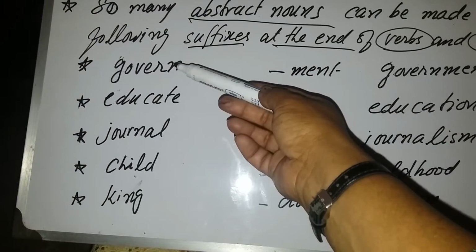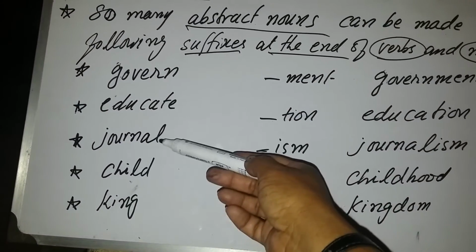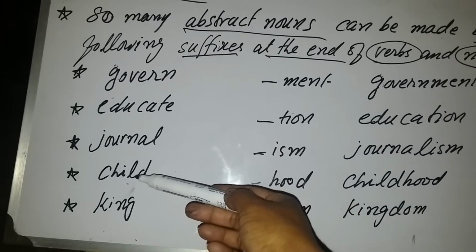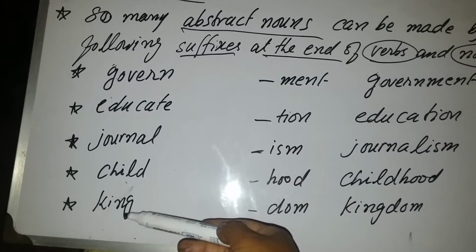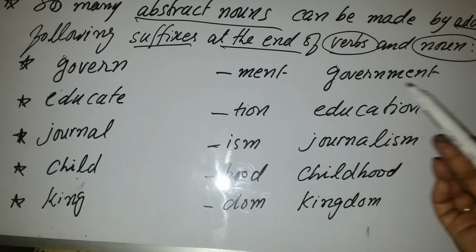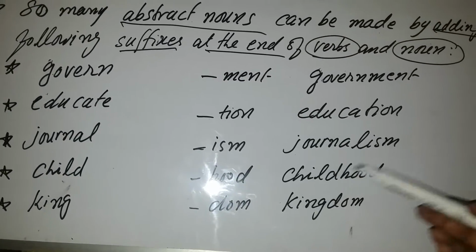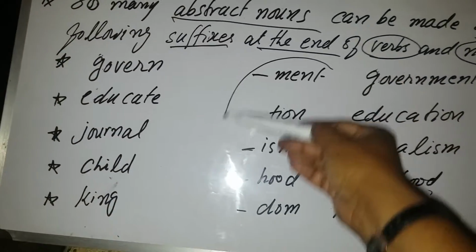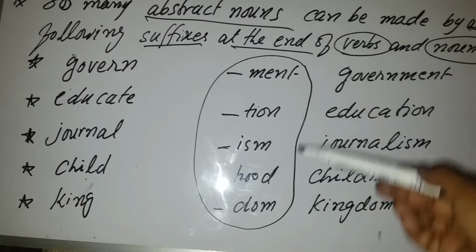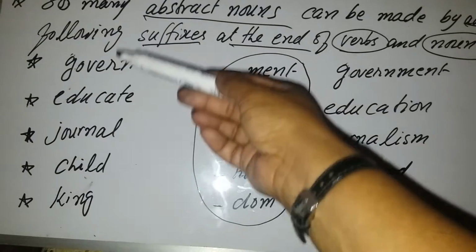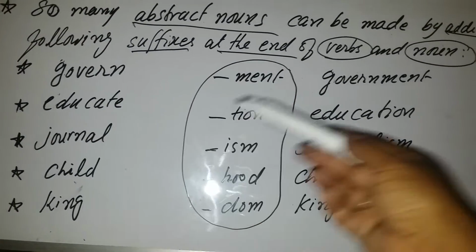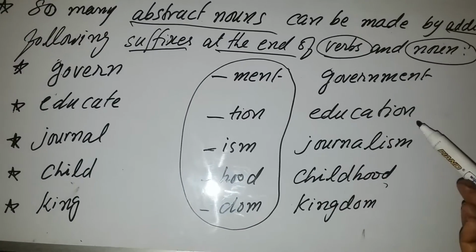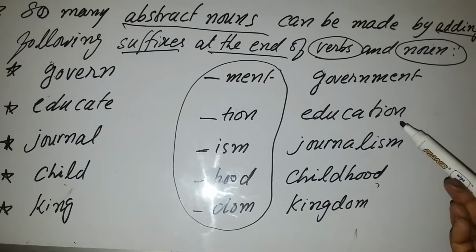It says govern, educate, general, journal, child and king, and there is government, education, journalism, childhood and kingdom. These are suffixes, and they can be put at the end of nouns and verbs to create different types of abstract nouns.